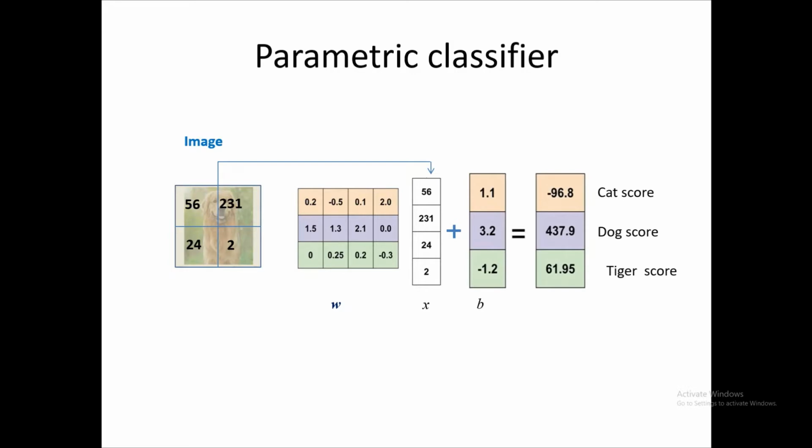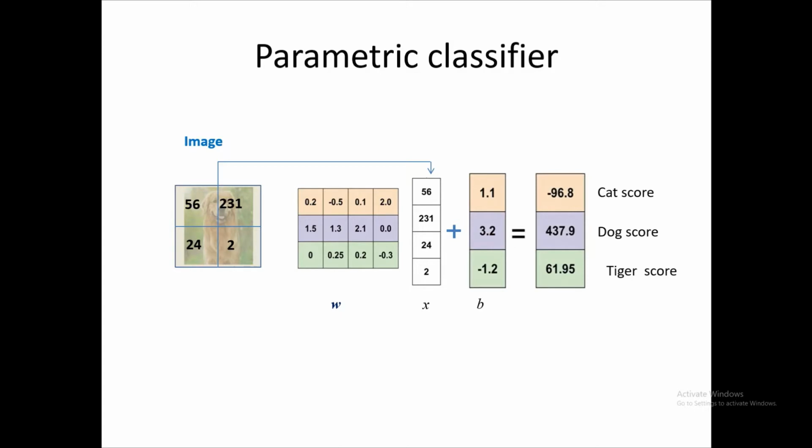Even though I said before that it was represented by a 32 by 32 image, just for this example I have considered it as a 4 pixel image of a dog. The way the linear classifier works is that we take this 2 by 2 image and we stretch it into a column vector with 4 elements.